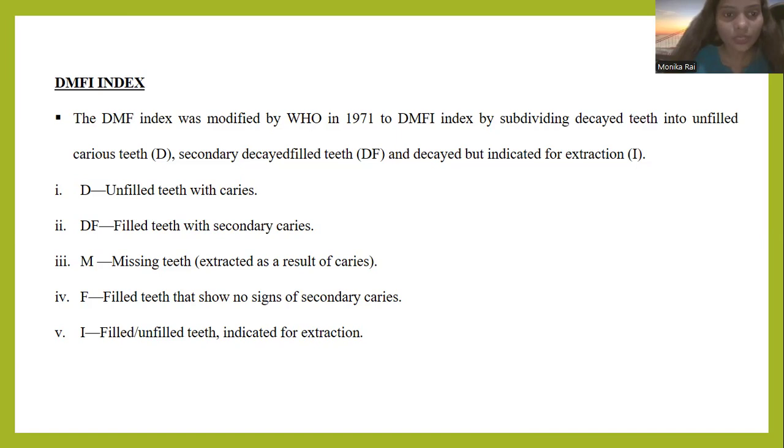It modifies the DMFI index by subdividing decayed teeth into filled caries teeth D, secondary decayed filled teeth DF, and the decayed but indicated for extraction, that is for I. And secondary caries is also a common reason for dental restoration failures, especially for resin based material. So this we can understand for secondary caries. Rest everything is the same.